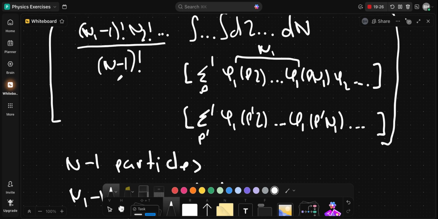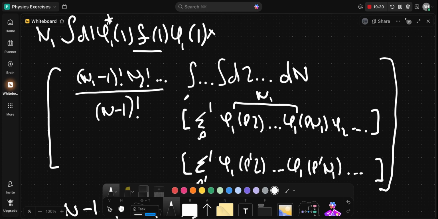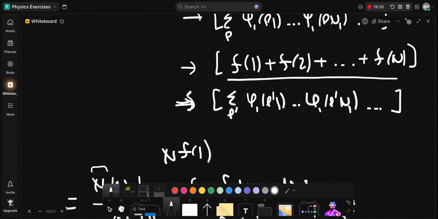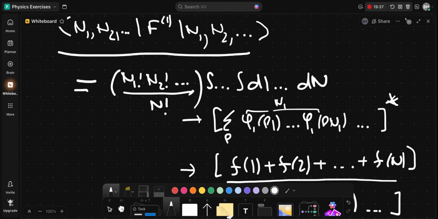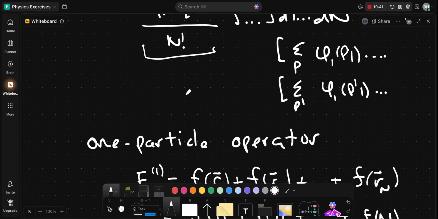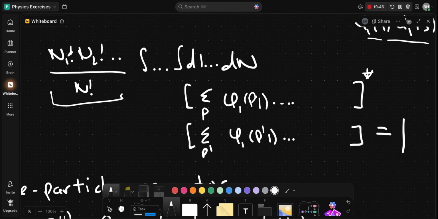The point is, if you want to convince yourself of this, take this expression and go up to the normalization that we actually evaluated, which is in the previous video. I reminded you of it. Here you have n particles, n1 in state 1, n2 in state 2, and so forth, and that looks like this.